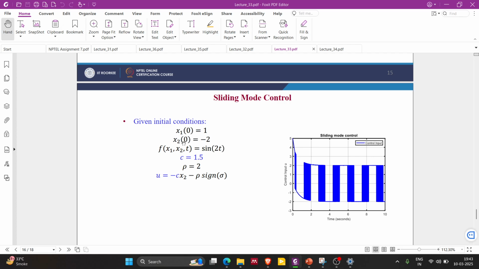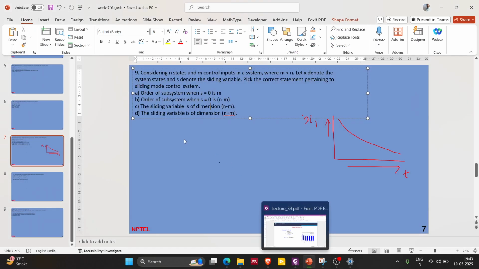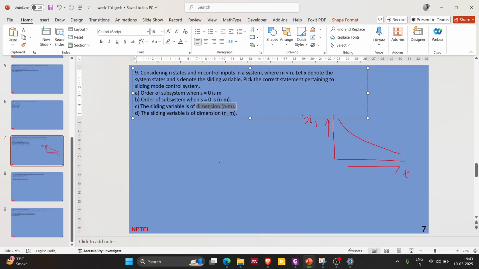There are two states, X1 and X2, and m, which is your input. There is only one input. So 2 minus 1 is 1, and that is what sigma is. We have only one variable. So D is your option, right?